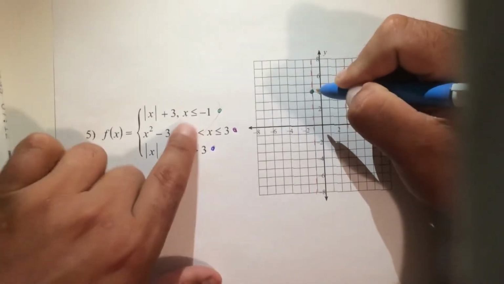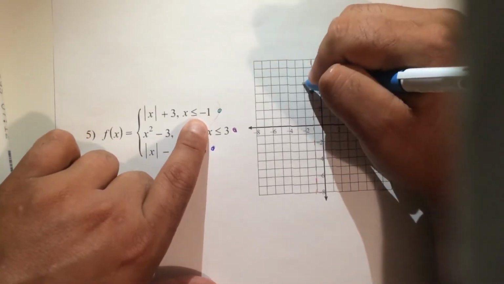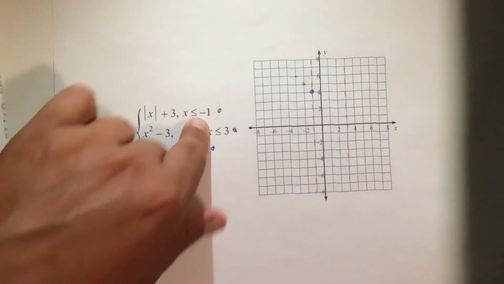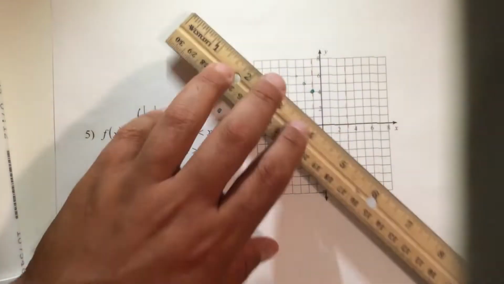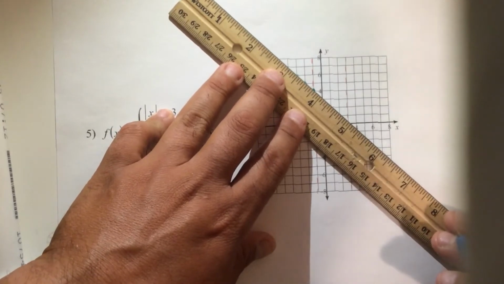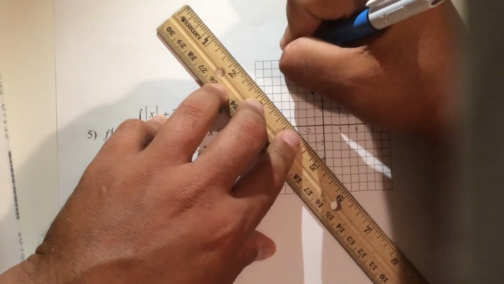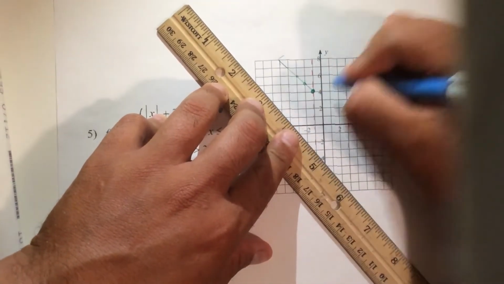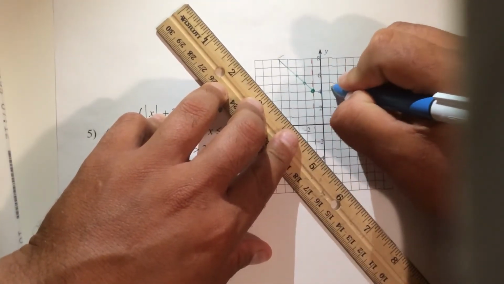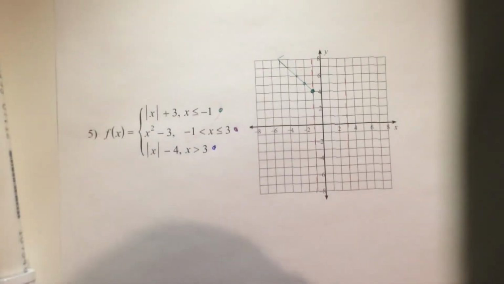It is going to be a closed circle because it's less than or equal to, and then it continues upwards. I know it kind of looks like a line because it technically is a ray. Then we go ahead and go to our purple.